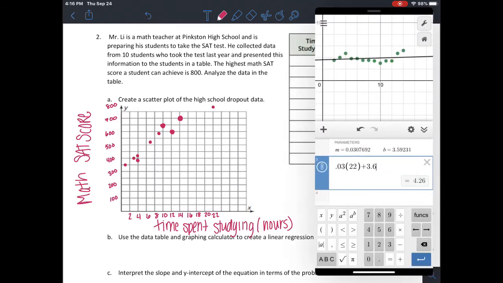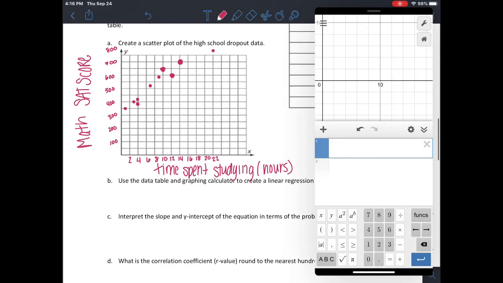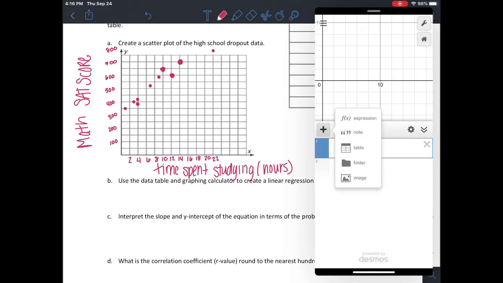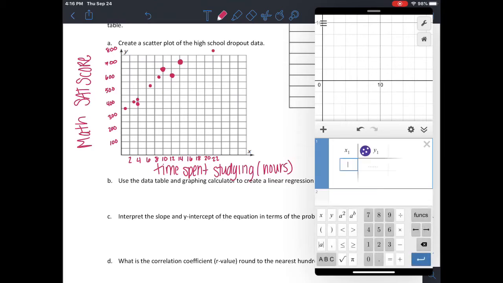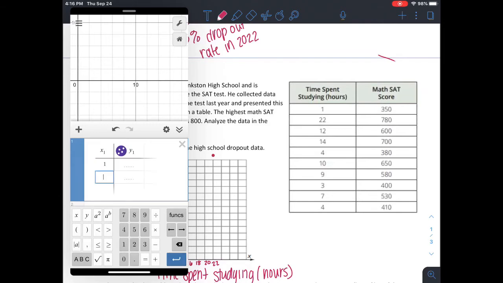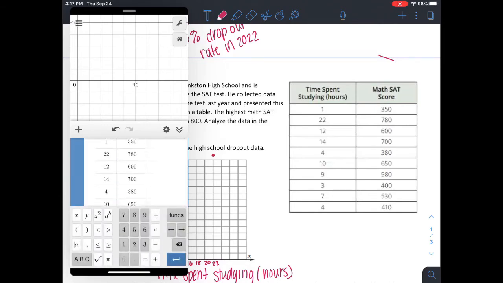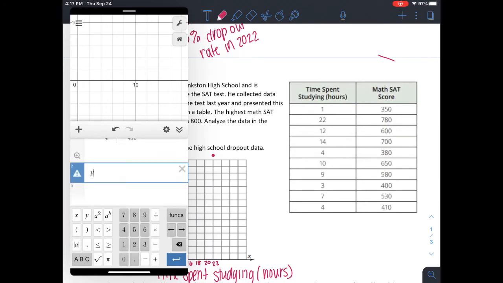So I'll pull up Desmos. I'm going to clear everything out so that I have a fresh new table to create my linear regression. So plus sign table, and we'll just type in all the information that we see. Okay, so we've got all of our information into our table here. So we'll go down to line 2 and we'll type in our equation.